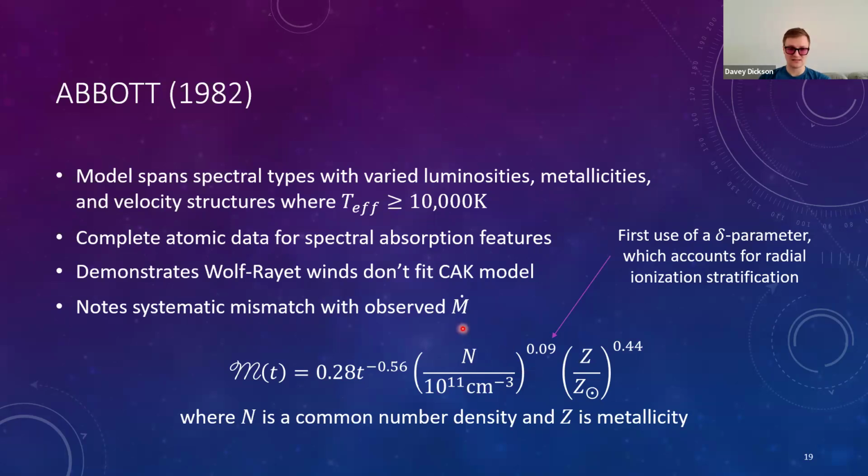This notes that across a large portion of the regime, we get a systemic mismatch. So the M dots are consistently higher in this model than in observations. While they're correct to the right order of magnitude, they are still significantly higher throughout the regime.